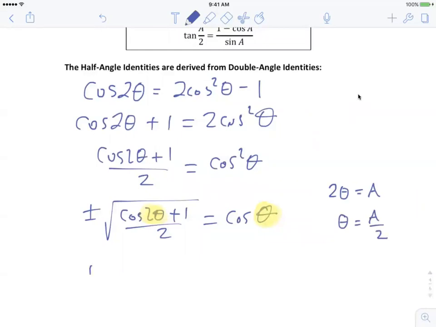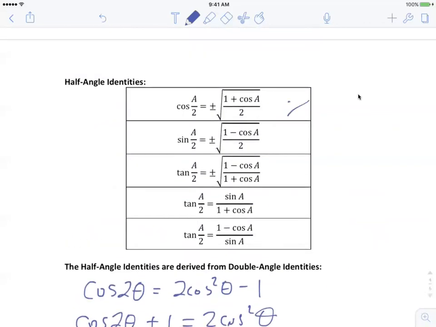So I'll do that one final substitution to make it look like the list. So 2 theta replace with A, and theta replace with A over 2, okay? And then that's that first one right there.